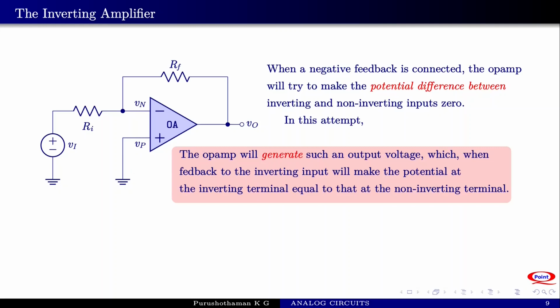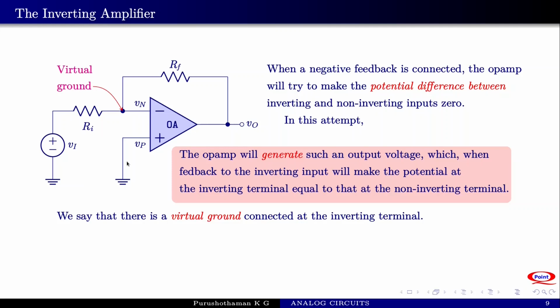It generates such an output voltage which, when fed back to the inverting input, will make the potential at the inverting terminal equal to that at the non-inverting terminal. So by producing an output, it will make Vn equal to Vp. The output is fed back to Vn, that will make Vn equal to Vp.